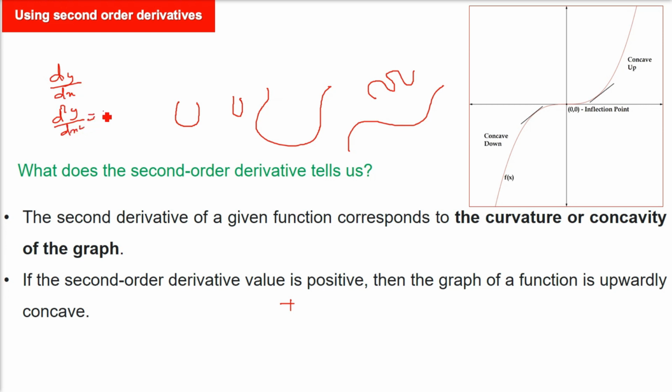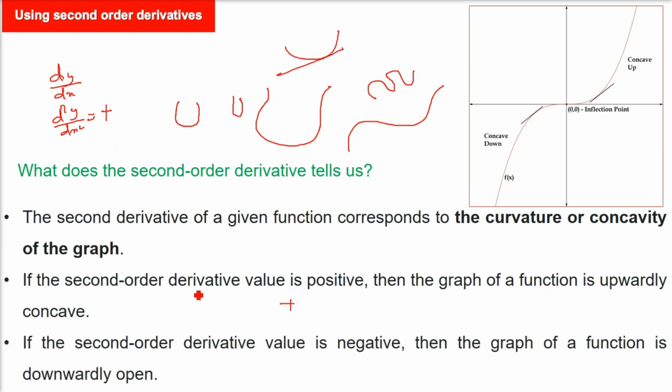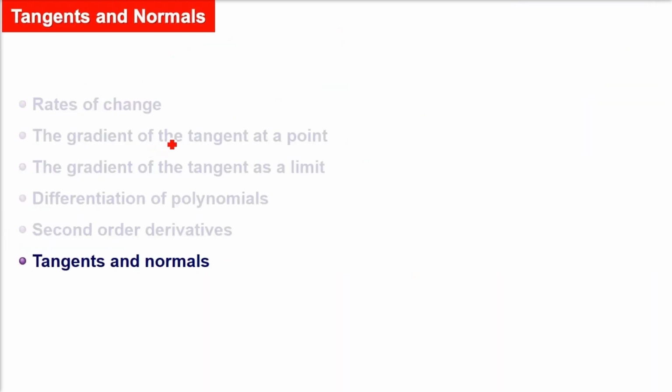It can be negative, it can be positive. But the second derivative is found specially to find out the curvature or concavity. If second derivative is positive, graph is upwardly concave, second derivative negative, it is downwards.